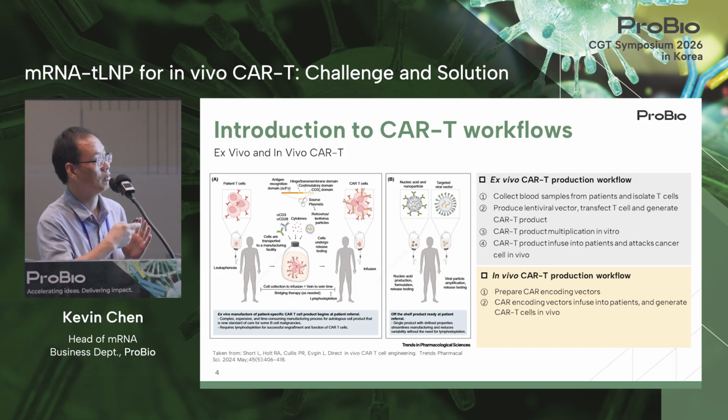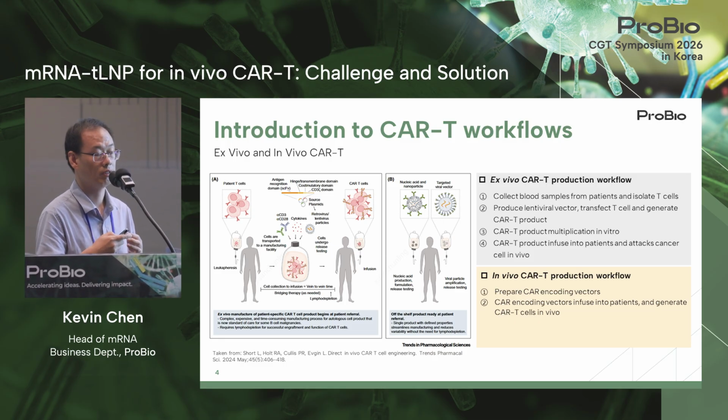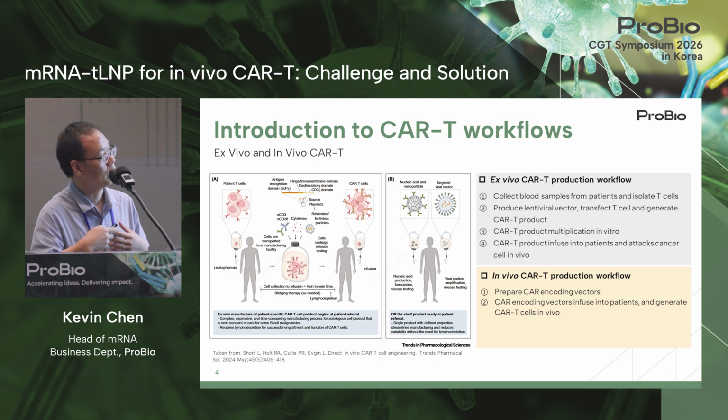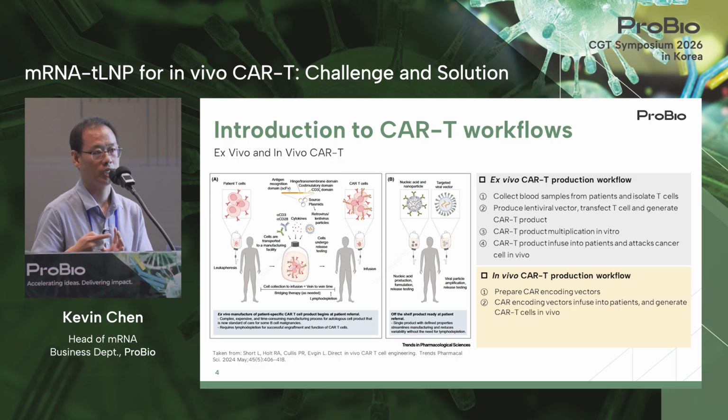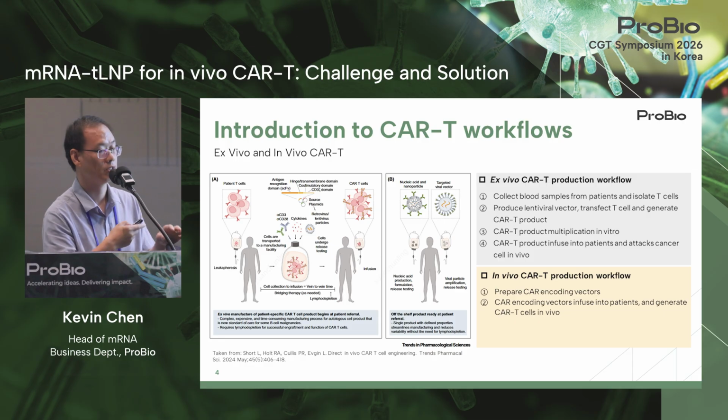Basically, first collect the blood sample from the patients and isolate the T cells, and then genetically modify the T cells, and expand the CAR-T cell number. Then after the QC check, infuse back to the patients. The in vivo CAR-T production process is much simpler.